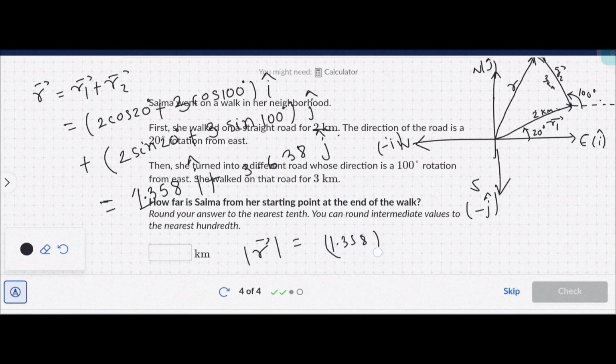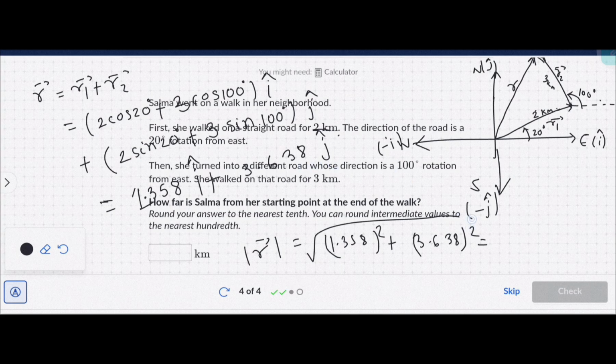It is the square root of 1.358 squared plus 3.638 squared, which is equal to 15.